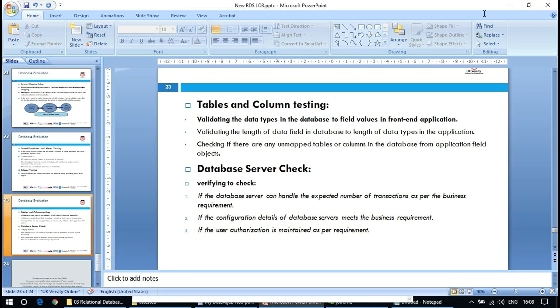Then database server checks: how the server is handling transactions, how many it is allowing. Let's say the server is capable of holding or allowing 10 connections at one time, then obviously the server is creating a pool, and it would be faster.